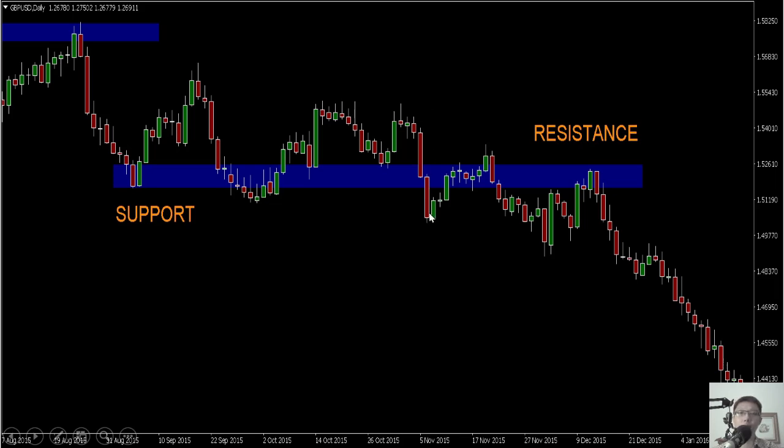This indicates that sellers are dominant. And then buyers push the price up again but fail. Sellers come in. So this is a very strong support and now becomes resistance. After sellers push the price until this area, buyers once again try to push the price above here but fail.